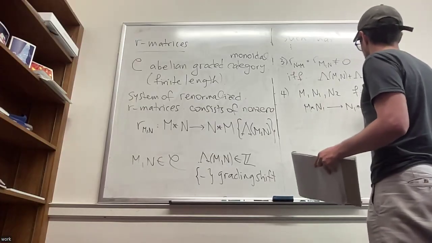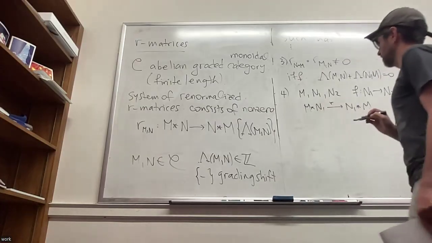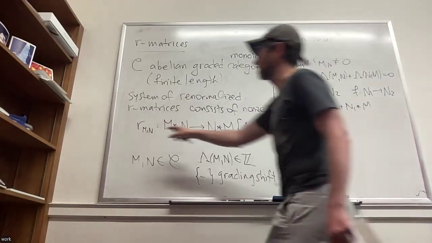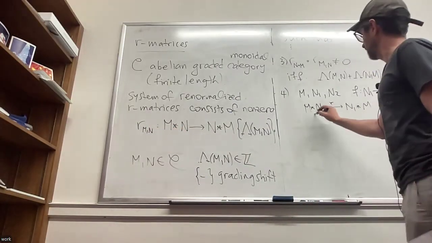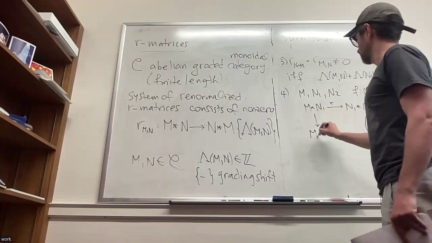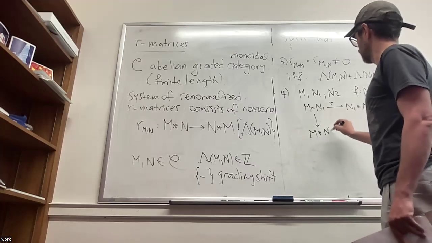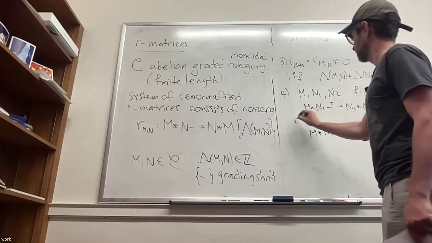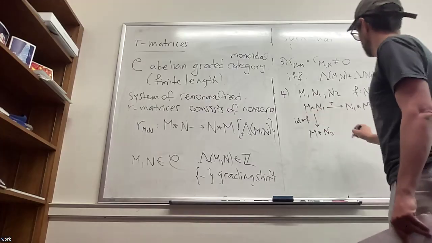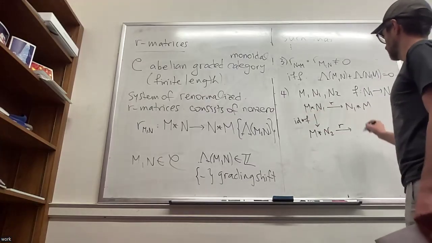So you can either first apply the R map here. I'm gonna start writing the MNs, or you can apply identity with f here, and then apply the R map.